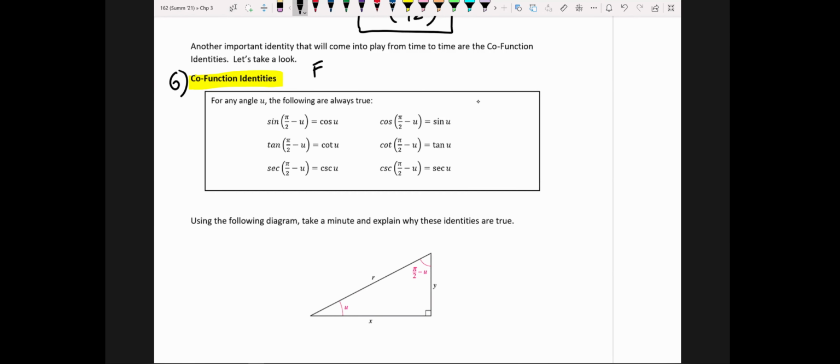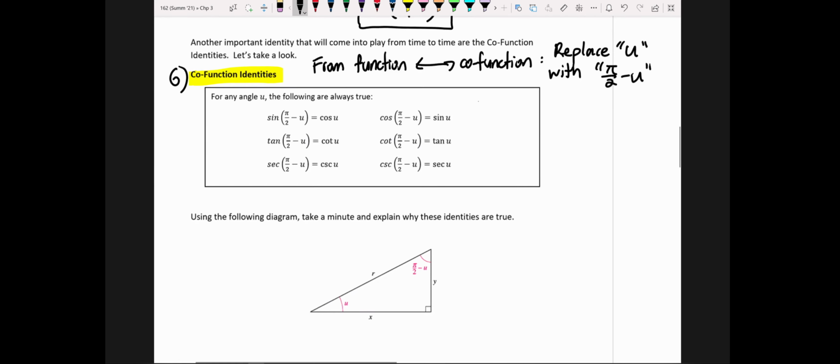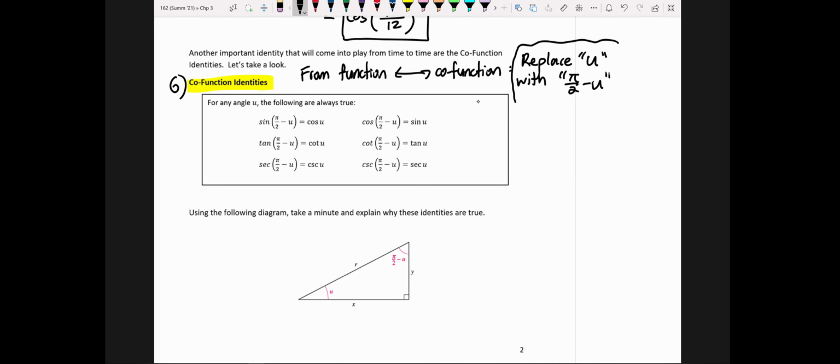So group number 6 cofunction identity tells us when we go from a function to its cofunction and vice versa, we're going to replace the input with pi over 2 minus input. Okay, so let's say we have sine of pi over 3.